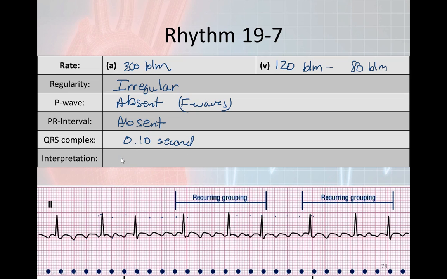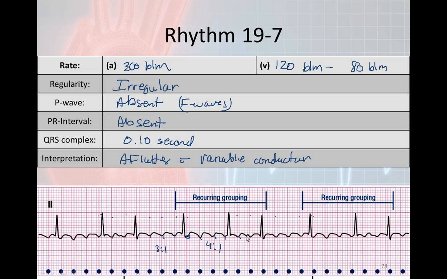Interpretation is going to be atrial flutter with a variable conduction. As you can see here, there is a recurring grouping that occurs. So what happens is you have a 1, 2, 3 to 1. This is actually a trough here, so you have a 1, 2, 3, 4 to 1.